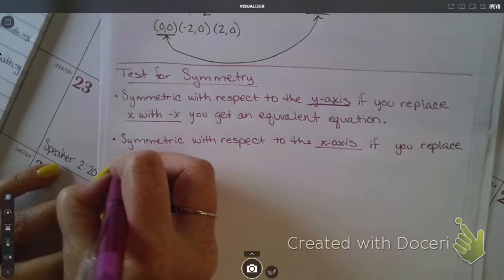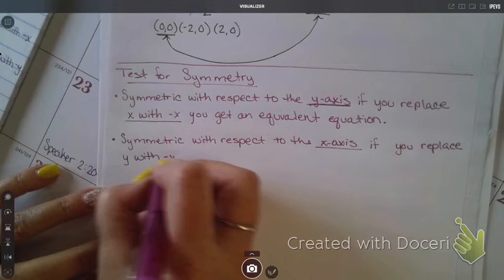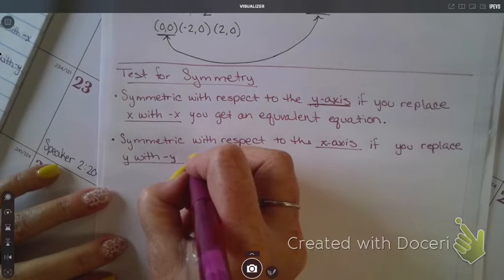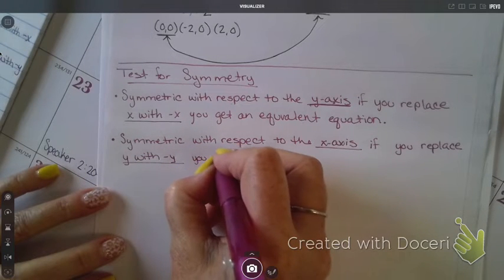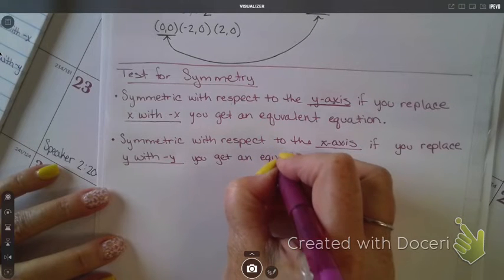Yep, y with negative y, and you get an equivalent equation.